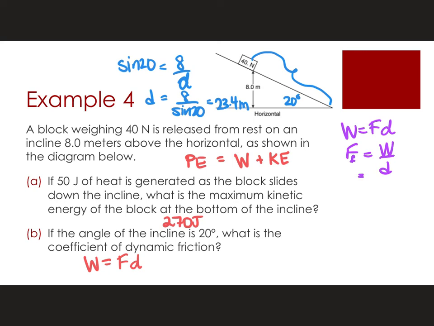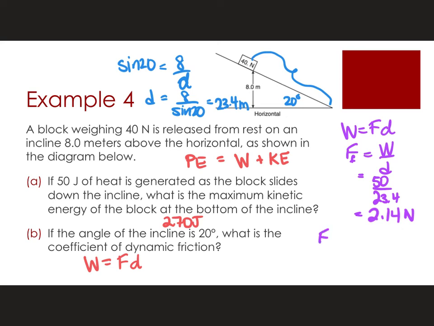If I put in my values, we had 50 joules over 23.4, which gives us, picking up my calculator, 2.14. But we're not quite done yet because it didn't ask me for the force of friction, it asked me for the coefficient of dynamic friction. And dynamic because it is moving down the hill.